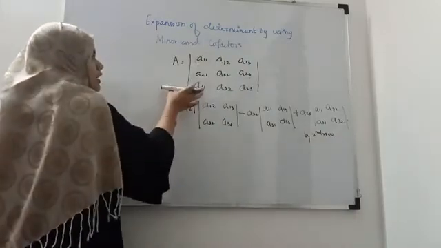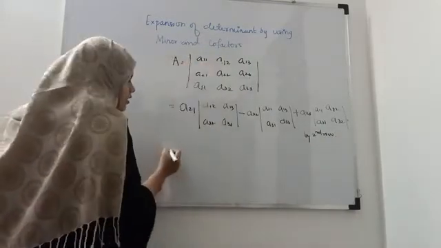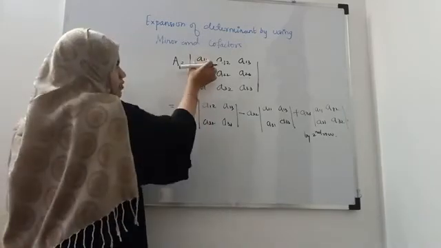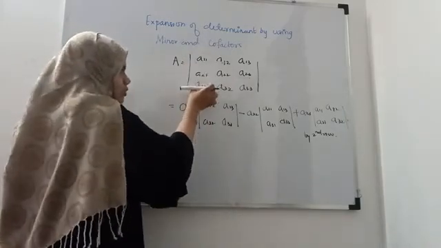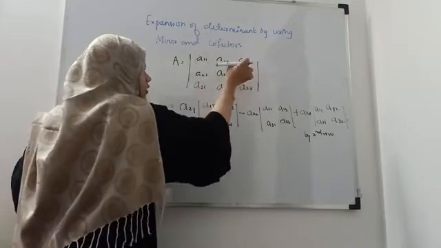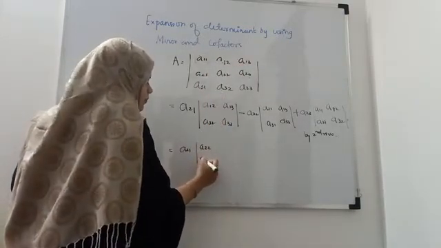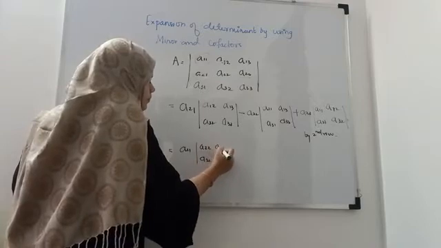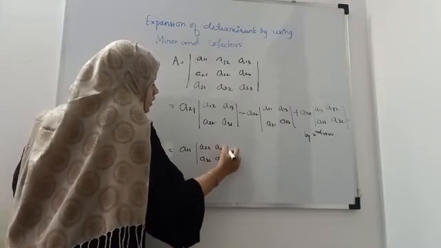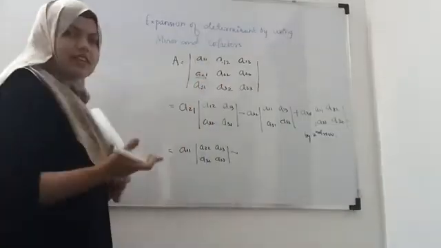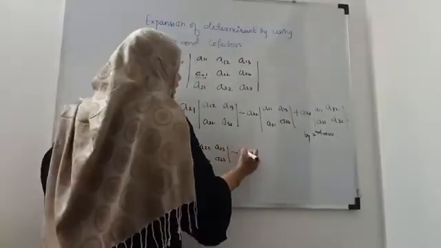If you want to find out the determinant by using the columns, what will be the first? A11, the first entry, okay? So the corresponding column and the corresponding row will go away. You will be left with this part. Minus, instead of the row, you will use the second entry in the column, that is A21.